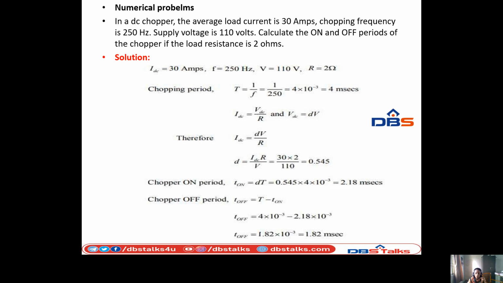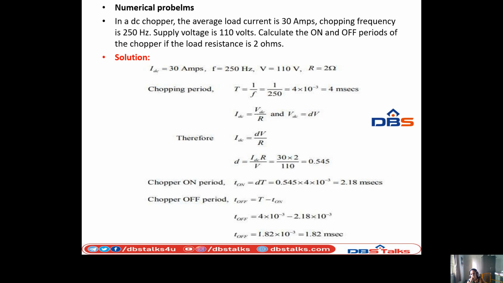Now let us see one problem. In a DC chopper, the average load current is 30 amps, the chopping frequency is 250 Hz, and the supply voltage is 110 volts.